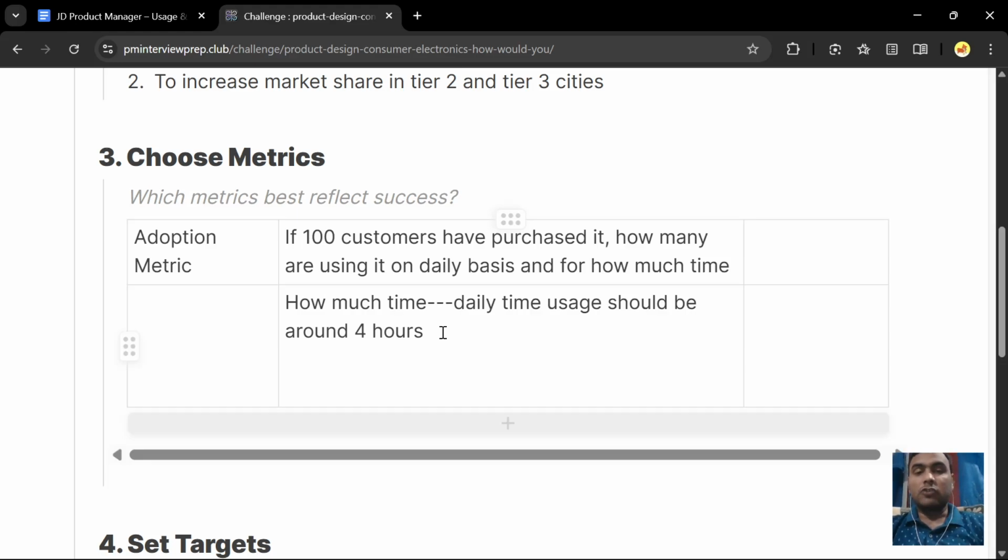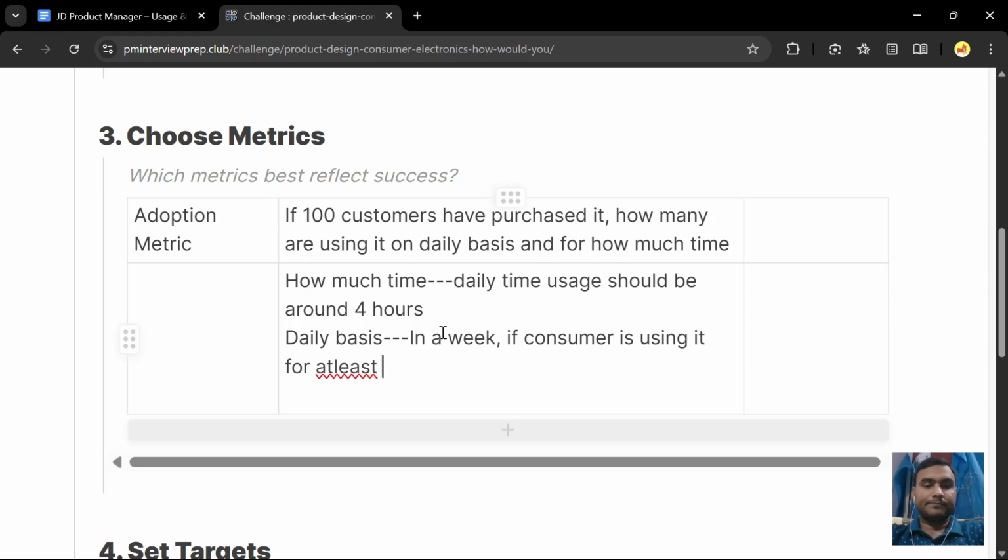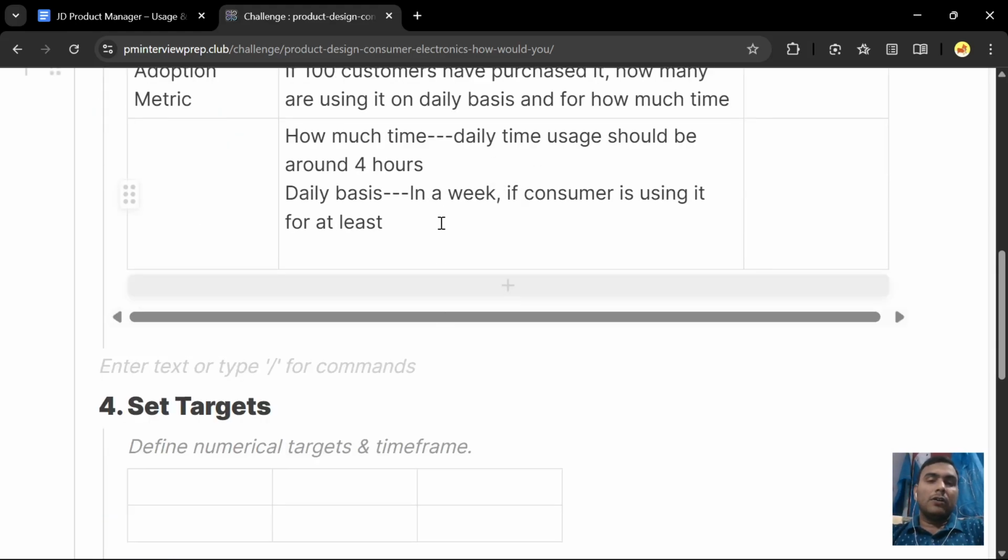And if I think of whether they are using it on a daily basis or not, I can break it down as, in a week, if the consumer is using it for at least 3 to 5 days.